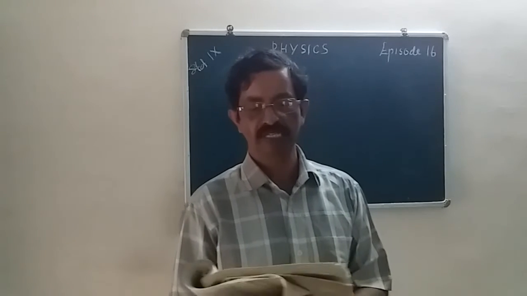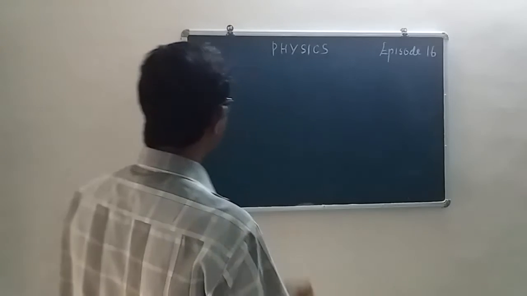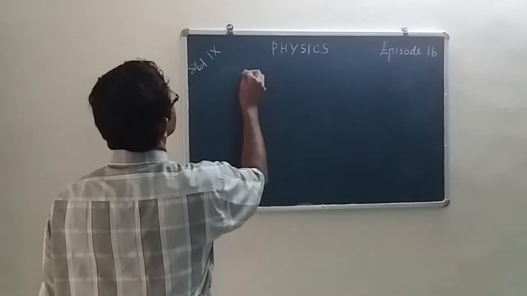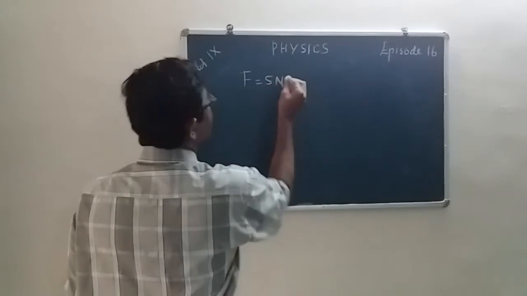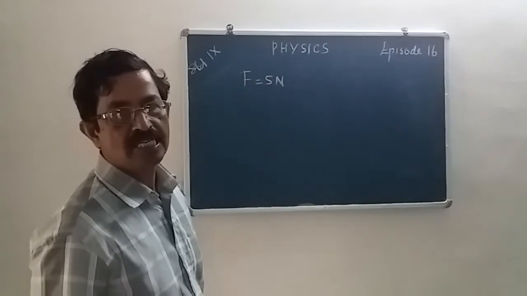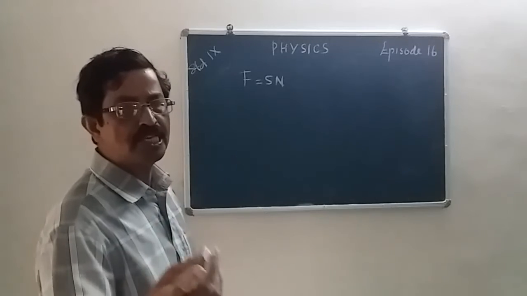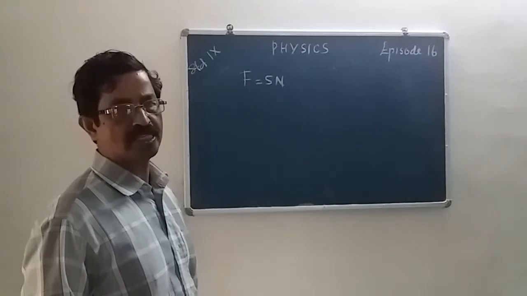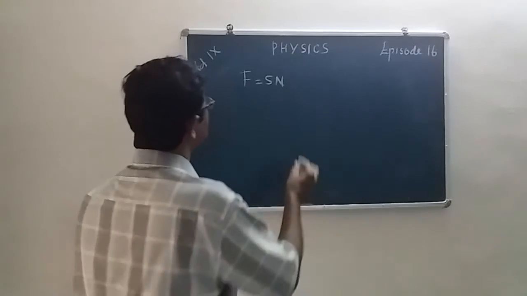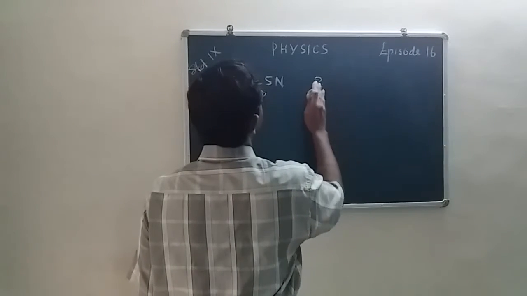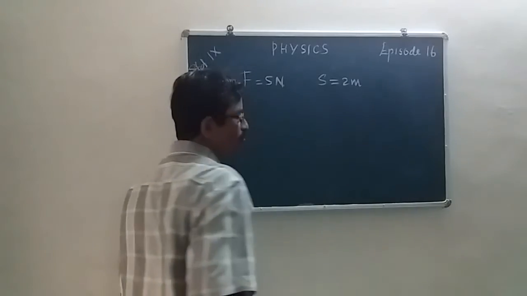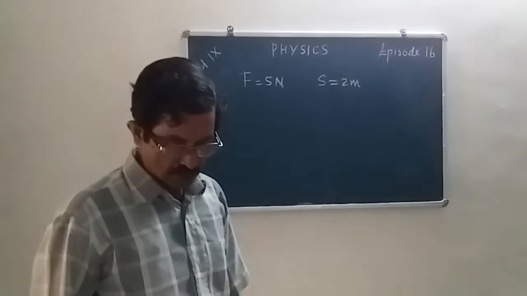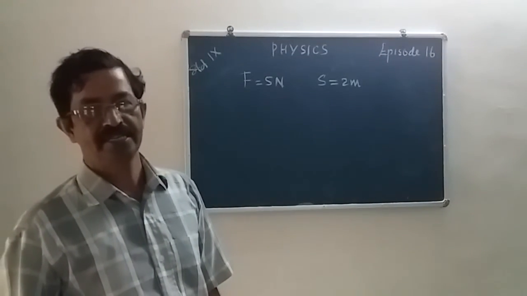See, F is equal to 5 Newton. Here the force is constant. Throughout, the same force is acting, so the force is constant. And there is a displacement S equal to 2 meter. Now, we want to find out how much is the work done.